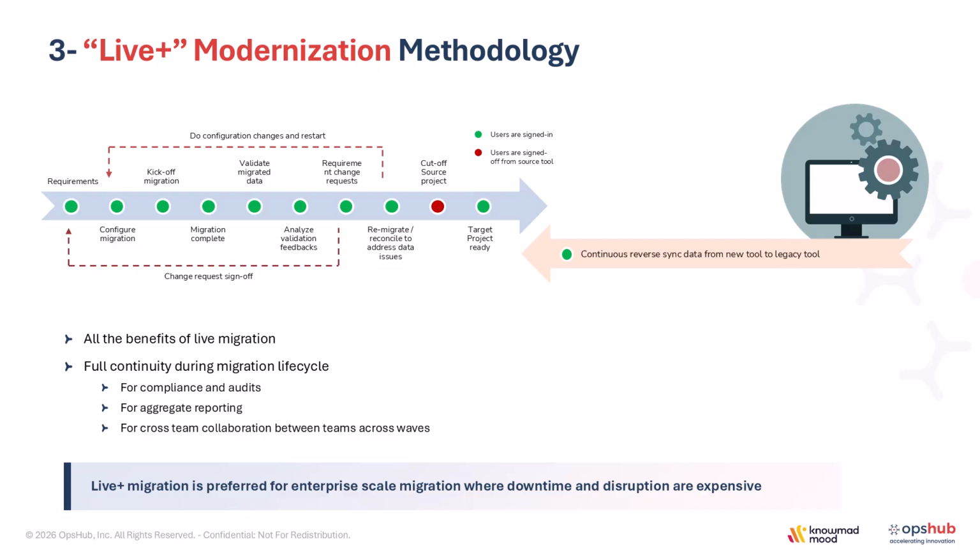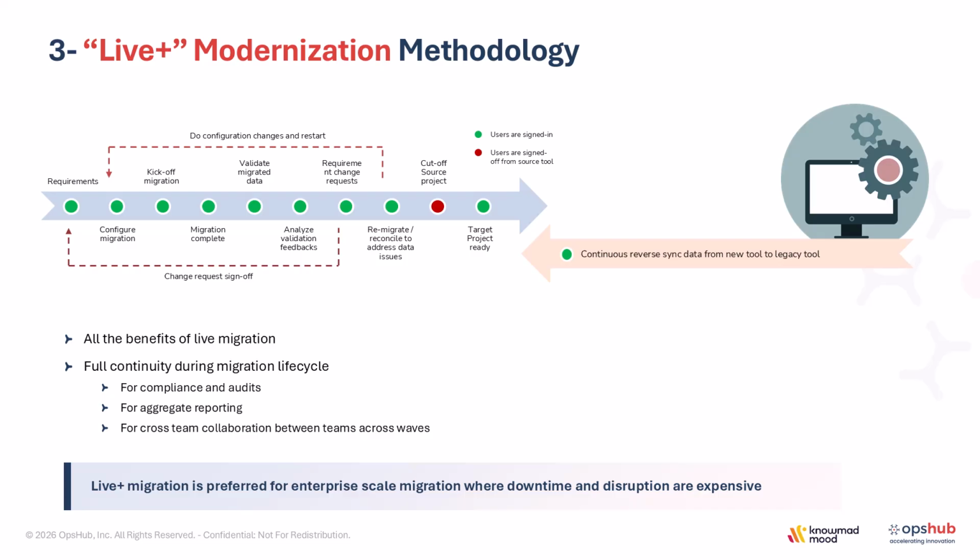So just a one-way moving of the data is not sufficient because if one team has been cut over and some of the other teams they are collaborating with have not cut over, then that could cause a disruption in the collaboration between the teams.